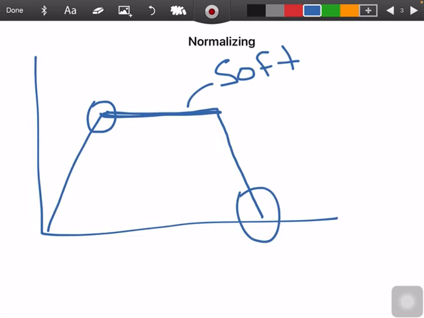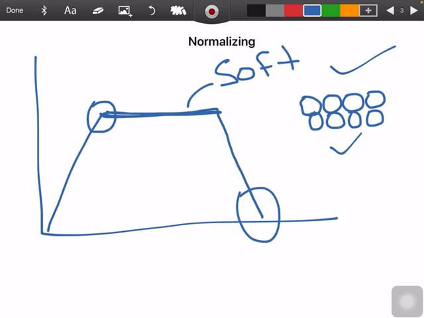That is called normalizing. The structure in normalizing is a simple structure. The grain structure is normal, and the strength is also good.